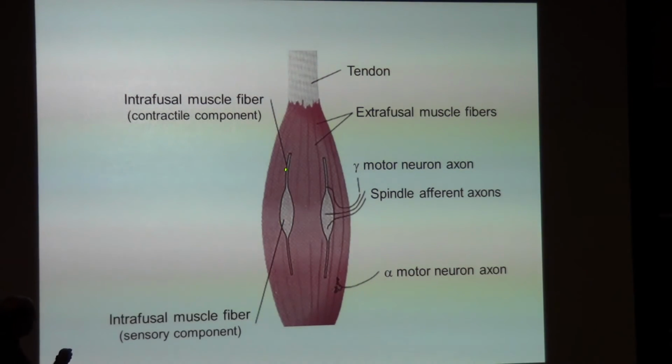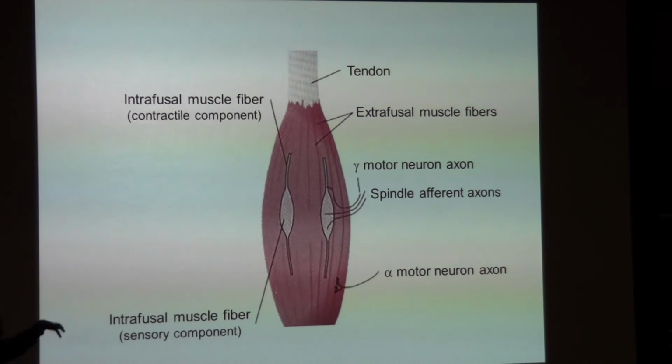The intrafusal fibers are sitting attached to these extrafusal fibers, and they have this fluid-filled region in the middle, which basically is wrapped around by an axon. So when this gets lengthened or shortened, the axon that has wrapped itself around it sends a signal to the spinal cord that says, what is the length of this muscle?